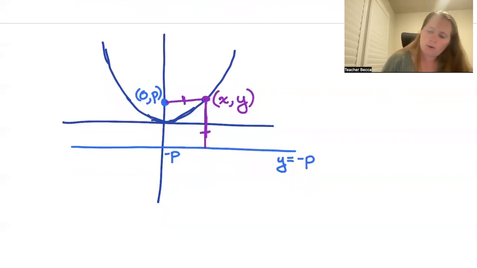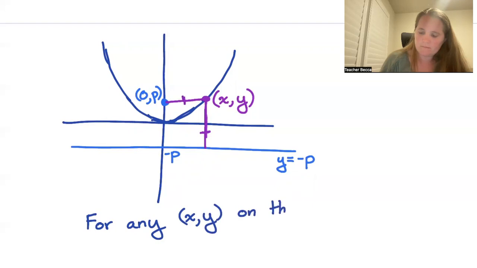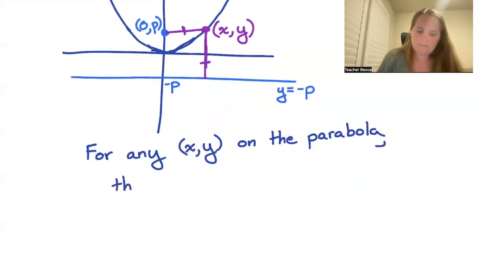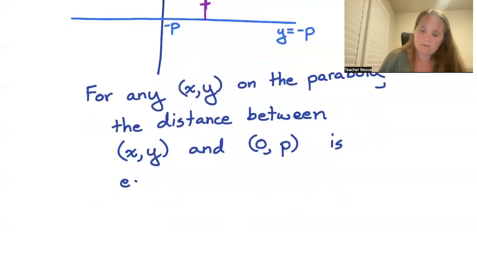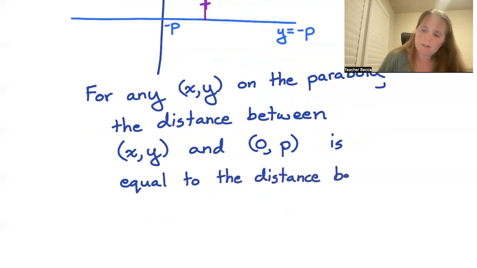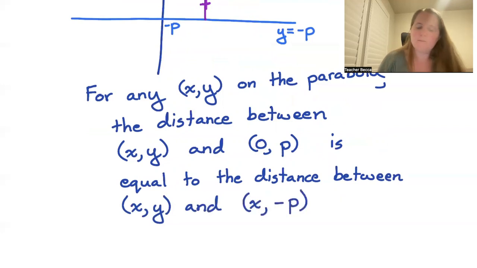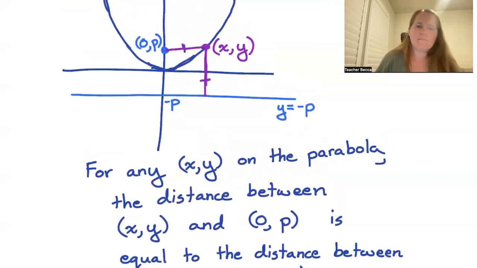So for any x, y on the parabola, the distance between x, y and 0, P is equal to the distance between x, y and the point x, -P on the directrix.